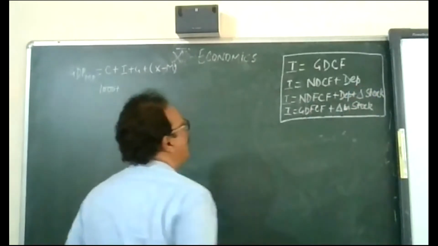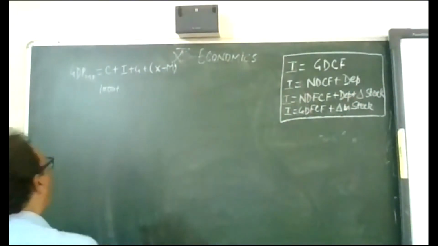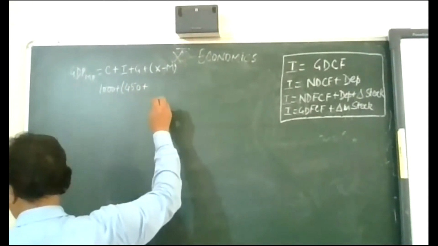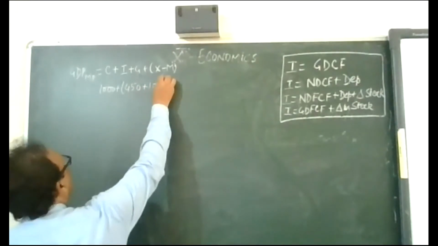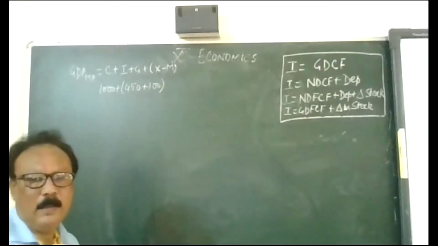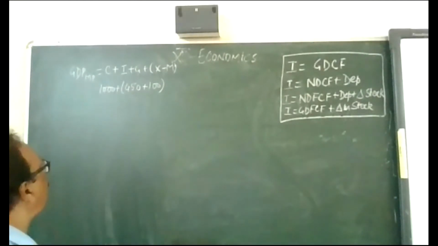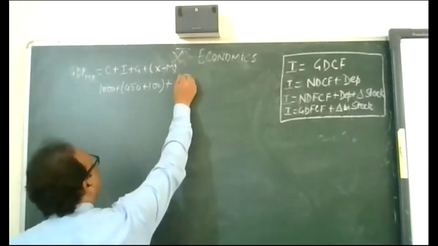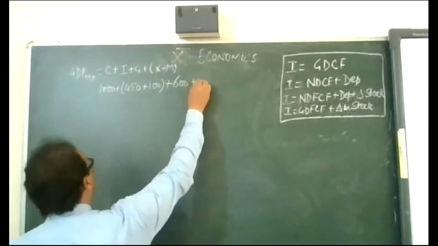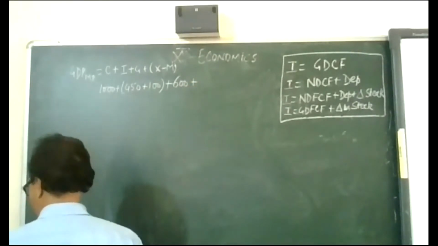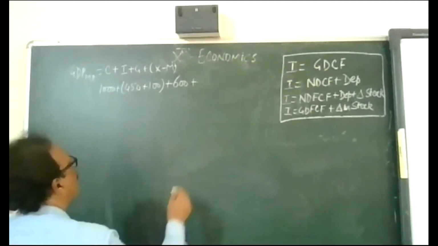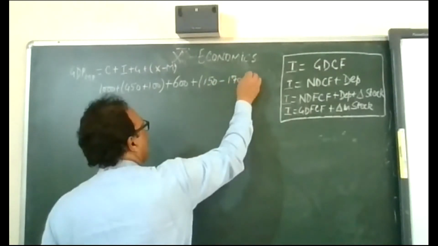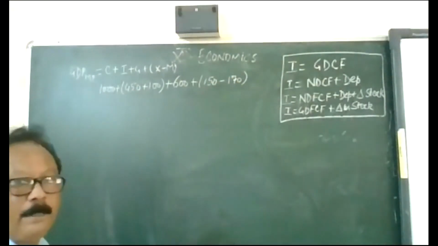We have to add depreciation. So net domestic capital formation is 450 plus depreciation here is given as 100. These two will form your investment expenditure. Plus government is given 600, plus exports minus imports. Exports is given as 150, minus 170. These are the values given.